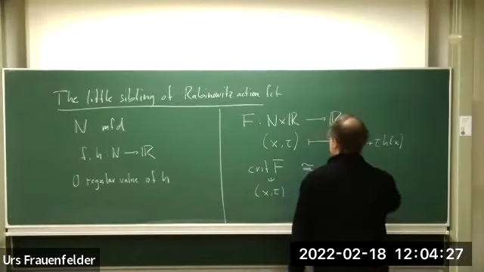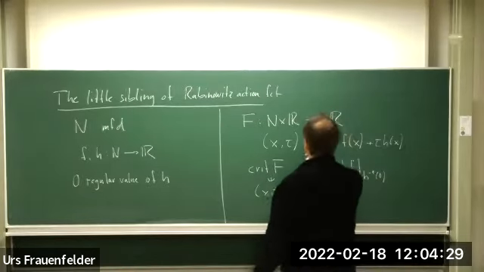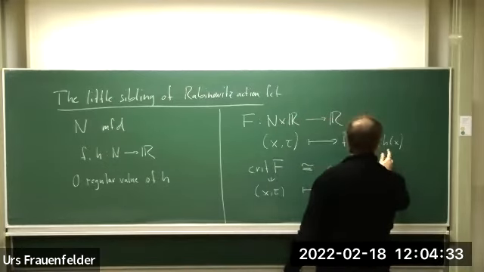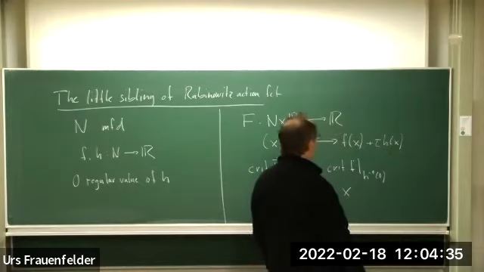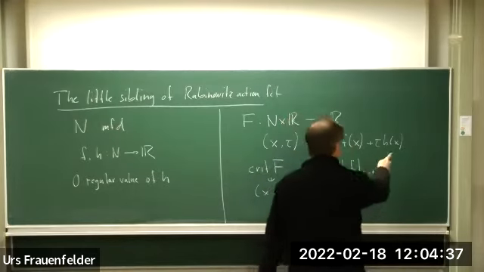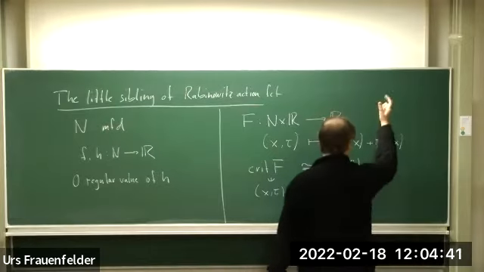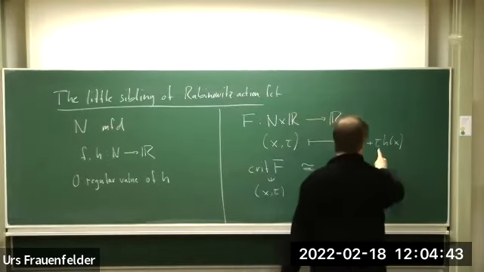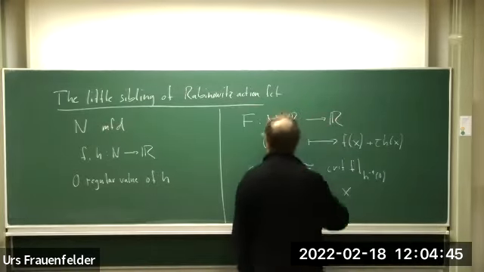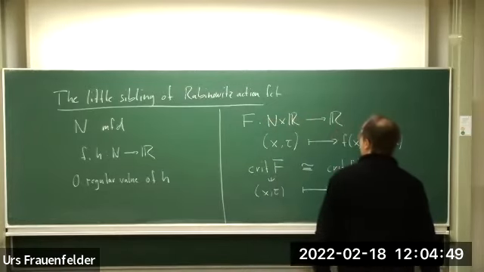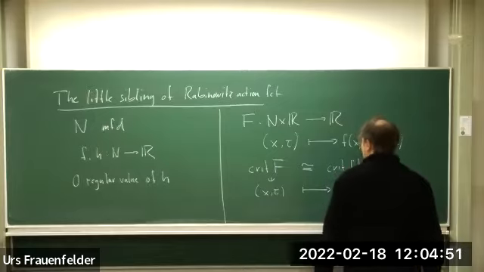So you see this Lagrange multiplier functional is an interesting functional because it's neither bounded from above nor below. If h is different from 0, tau can be arbitrarily large, arbitrarily small. So this capital F does not attain global maxima or minima.